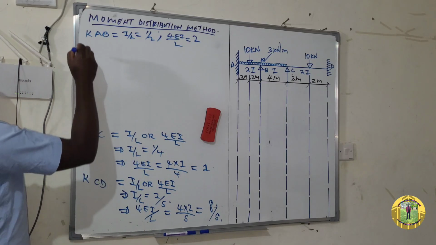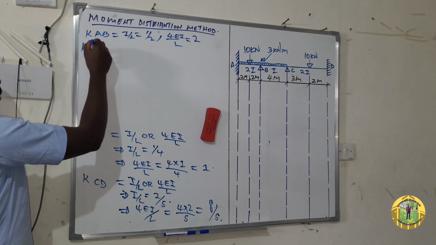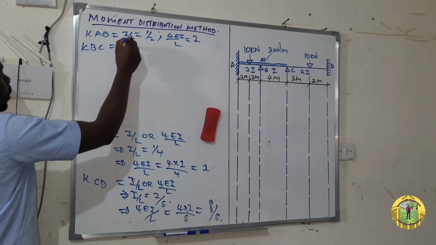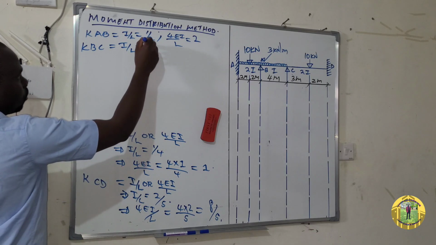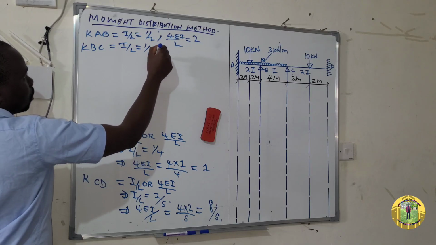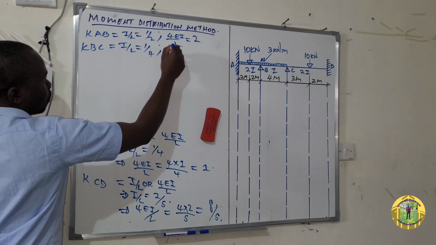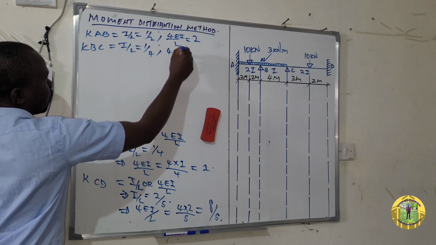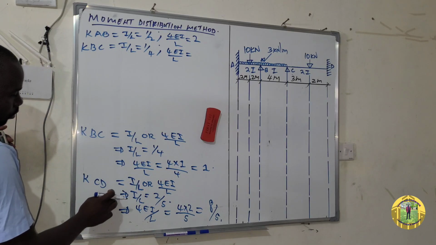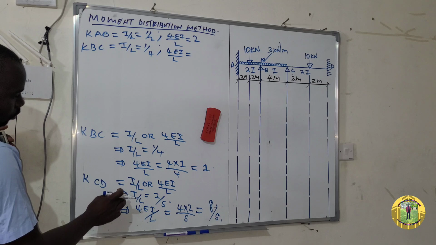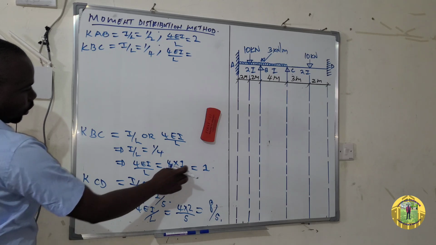Then we proceed to KBC. I over L is equal to 1 over 4, then 4EI over L is equal to 1.